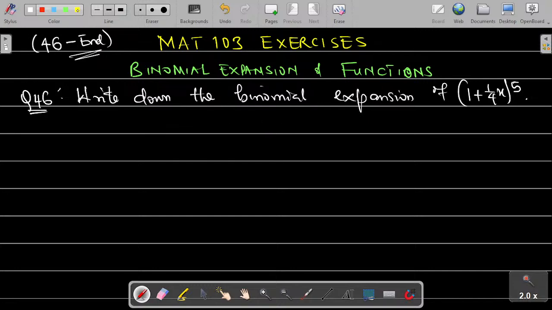So first of all we have to write down the expansion and then we'll simplify the coefficients. So what is that going to be?